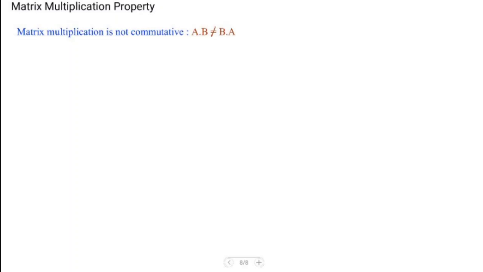Let's take an example. So let's say we have two matrices, that is A here and B, and we want to multiply them. The size of A is 1 times 5, and the size of B is 5 times 1.